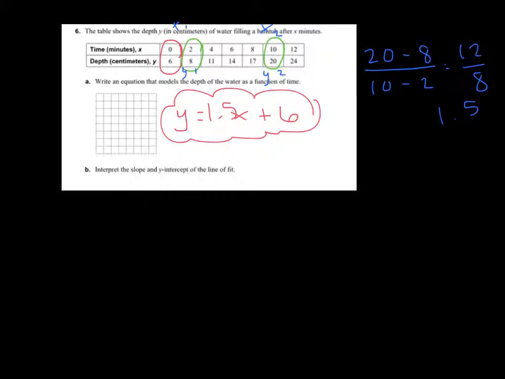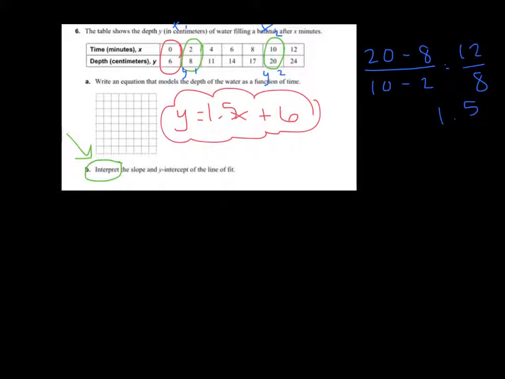Okay? So then we talked a little bit about interpreting the slope and y-intercept of the line of fit. I was a little surprised that several of you weren't really sure what the word interpret meant. So when you're interpreting, what you're doing is explaining what the slope and y-intercept mean in context of this particular situation. So my y-intercept is 6. If you look back at your table, it will help you.